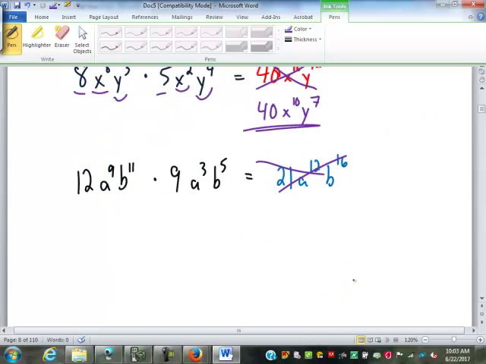So what the answer should be here, I'll give you, the 12 times 9 is 108. Perfect. A to the 12th and b to the 16th. Any questions?